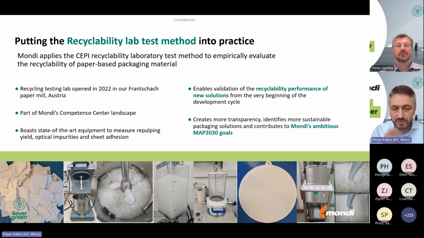You see a repulper, a fractionator, and a sheet device as well. Why do we use the CEPI method? The answer is very simple. It is a method that gives us data that we can reproduce. A reproducible method is a very credible method, and it is also very well accepted in the marketplace.